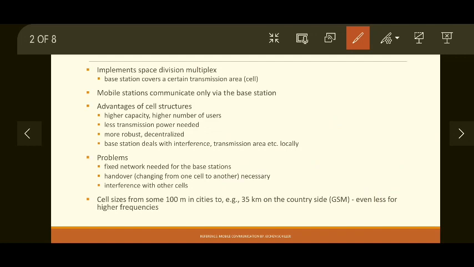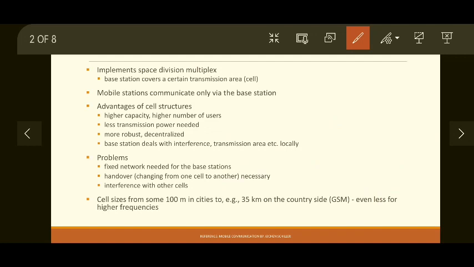So what is the size of these smaller coverage areas or smaller regions? That is cells. Depending on the number of users within that particular city or village, the sizes of cells vary from 100 meters in a city, because in a city we have more population concentrated in a smaller space, so cell size will be smaller, to up to 35 kilometers in the countryside, depending on population.